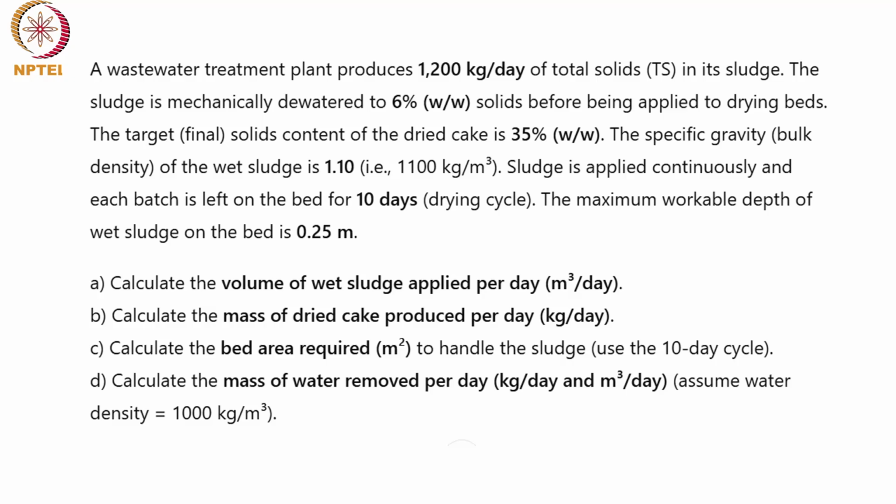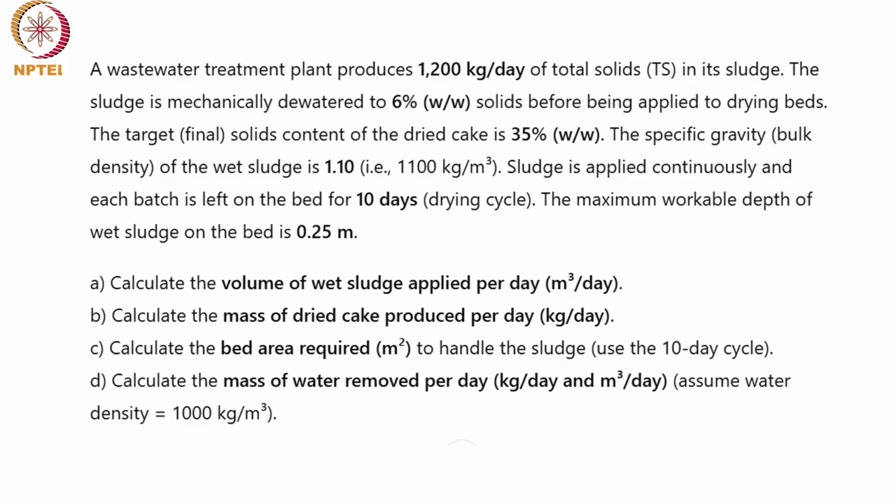Here dewatering happens to 6% weight to weight, and then it is applied to the drain beds. So sludge is produced in the wastewater treatment plant, then it is dewatered and then applied to the drain beds.